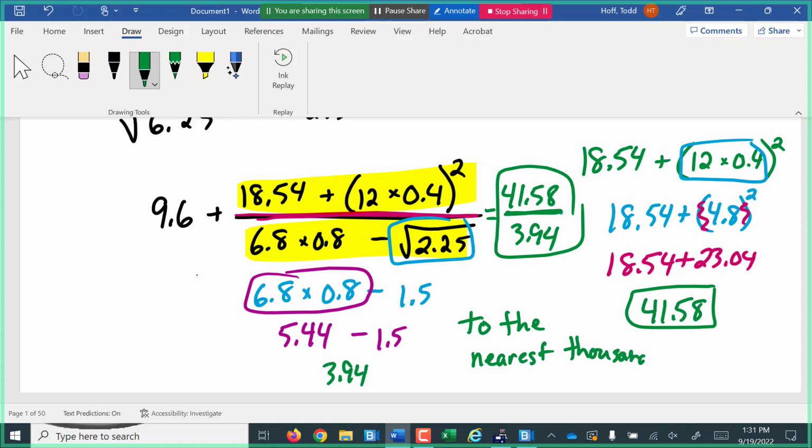Now, I realize that we went through how to do division with decimals. To be totally honest, I don't do divisions with decimals by hand if I can avoid it. I pull up the calculator. So here we would do 41.58 divided by 3.94, what do we get?